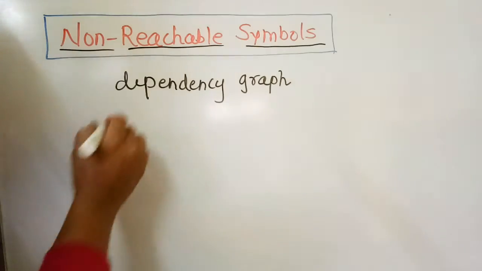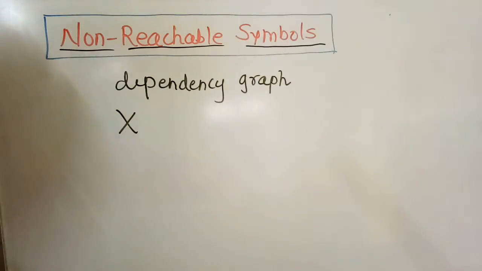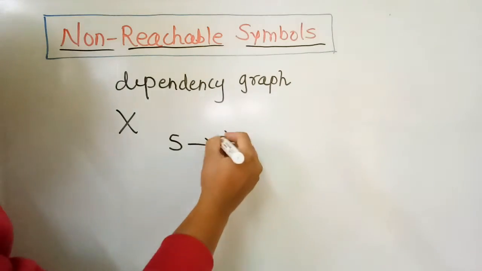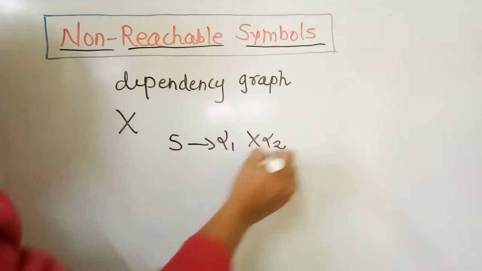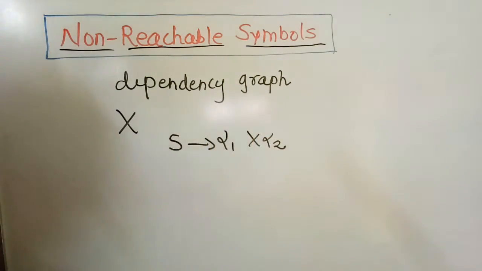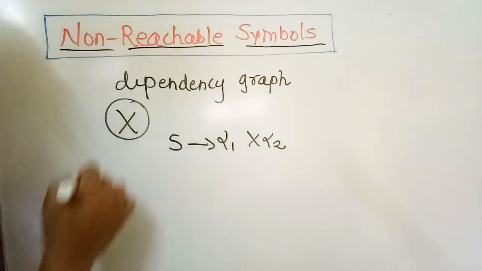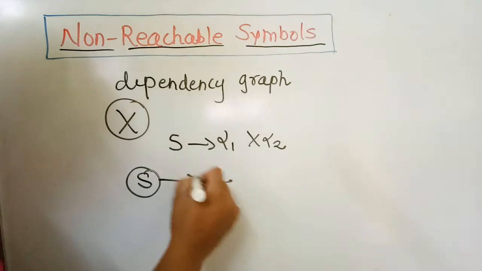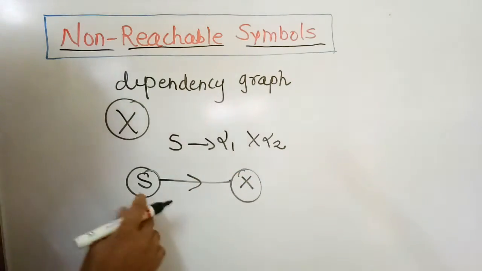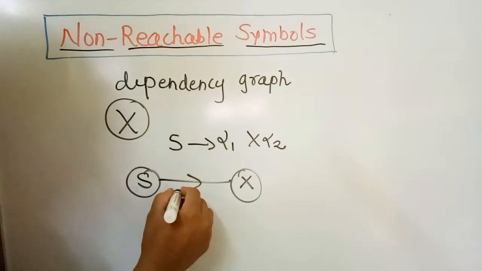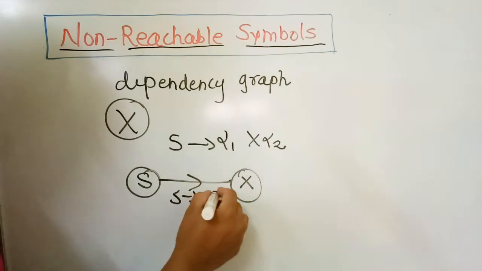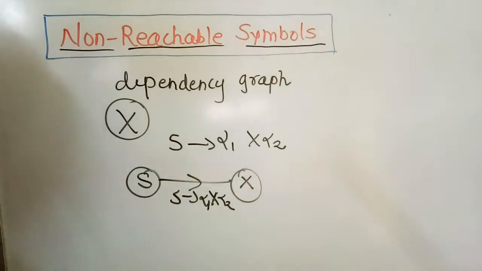A variable X is said to be dependent on S if there is a production, for example, S gives alpha 1 X alpha 2. Then for this mechanism we can show the dependency graph as S to X, meaning S is dependent on X through the mechanism S gives alpha 1 X alpha 2.